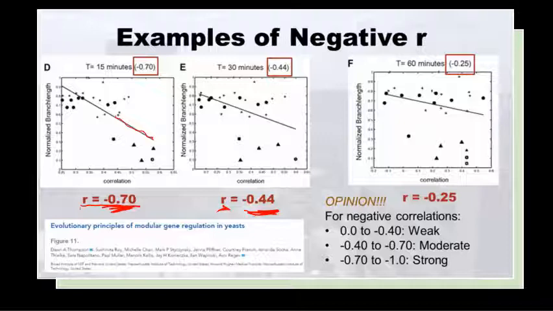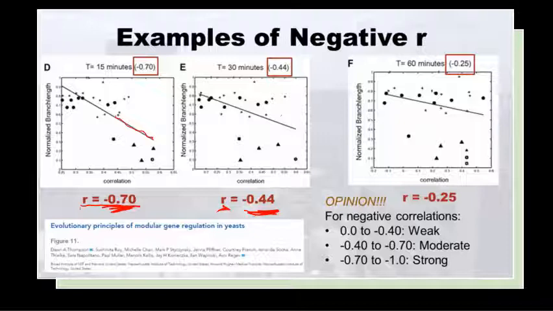You can tell it's still going to be a negative correlation. It's just the dots are a little bit further away from the line, okay? And since they calculated it to be negative 0.44, it would probably still be considered moderate, maybe close to being weak, but not weak yet.